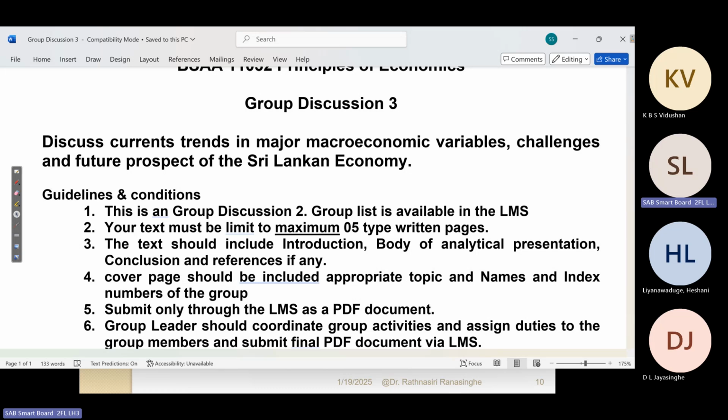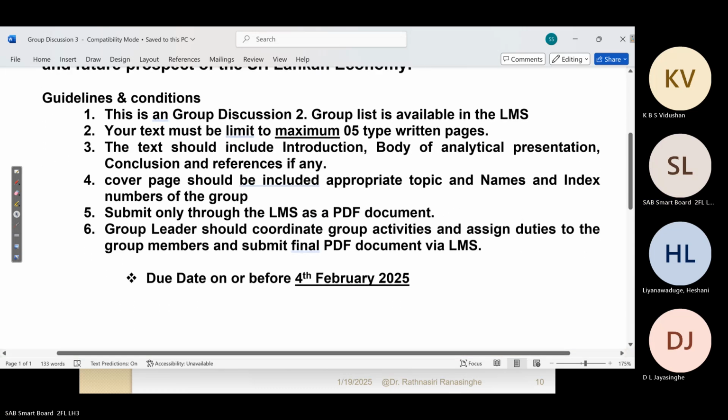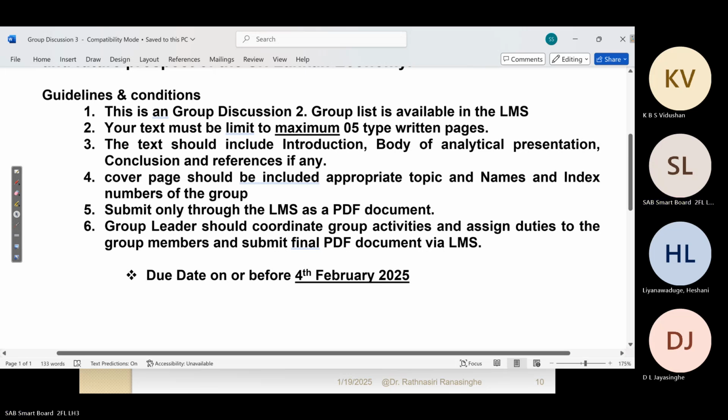We need to discuss the current trends of macro variables, the challenges and the future prospects. So that's a group assignment; you know the group. I will upload this to the LMS. The deadline given is 4th February. Is it okay?